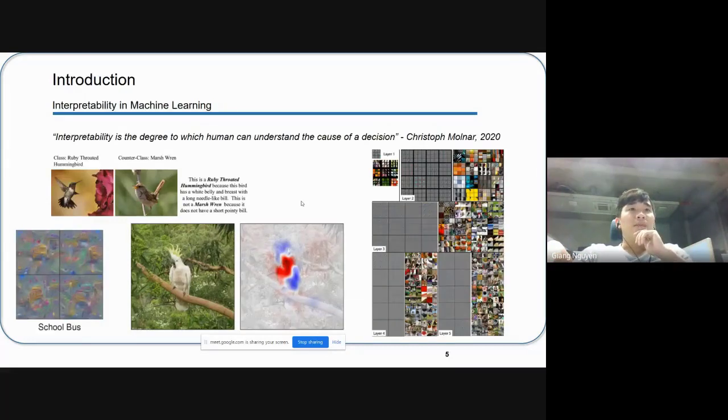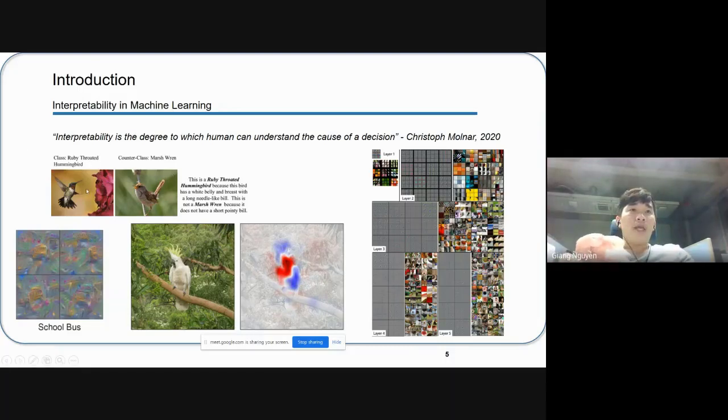What is interpretability in machine learning? One definition is that interpretability is the degree to which a human can understand the cause of a decision, or the causality. There are some works on interpretability in machine learning that can explain the decision of a deep learning model.